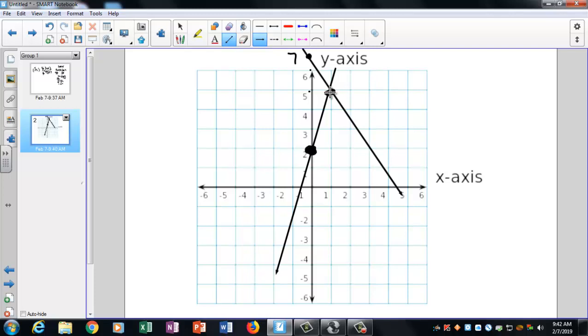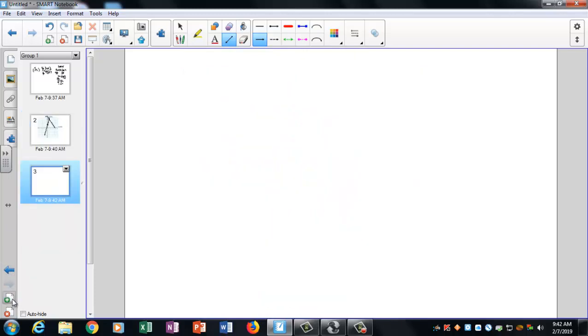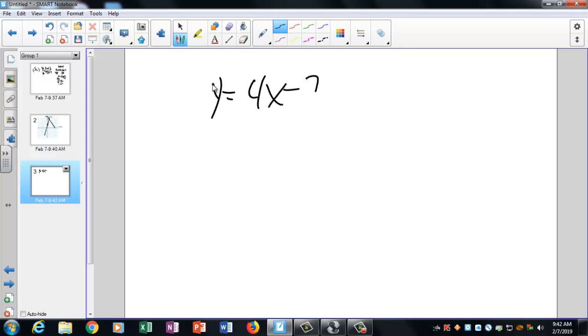And then what happened on the first one is the problem was y equals 4x minus 7 and 8x minus 2y equals 12, right? And when we solve that, we plug this into y.